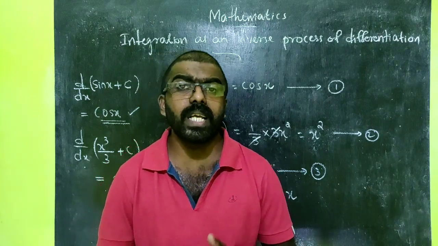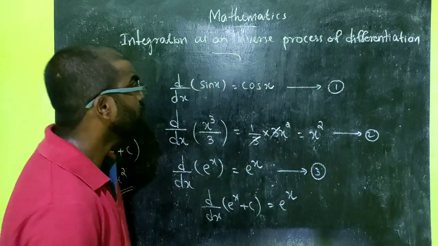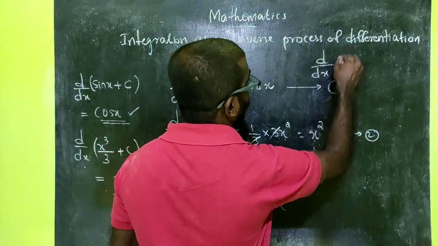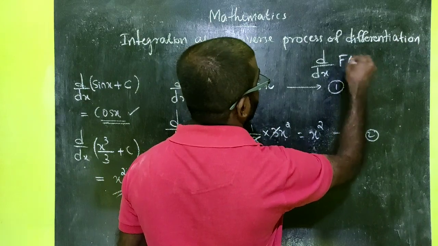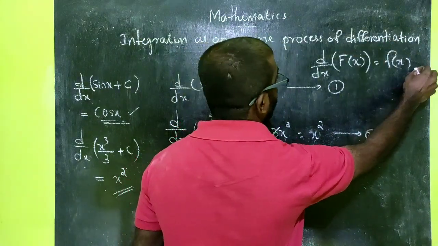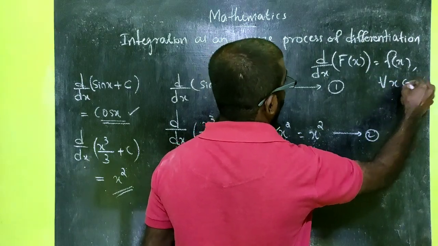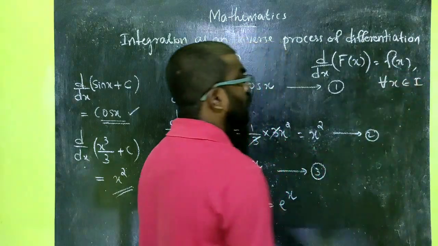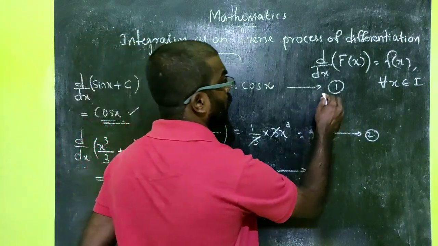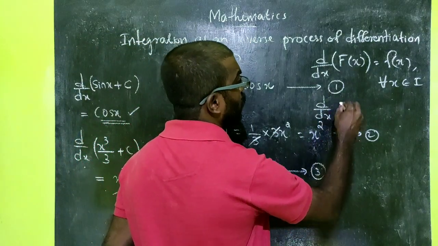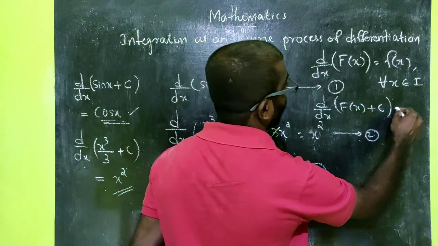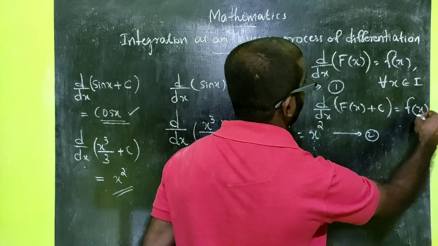More generally, if there is a function capital F such that d by dx of capital F of x is equal to small f of x for all x belonging to an interval I, then for any arbitrary real number c, we can write d by dx of F of x plus c equal to f of x.